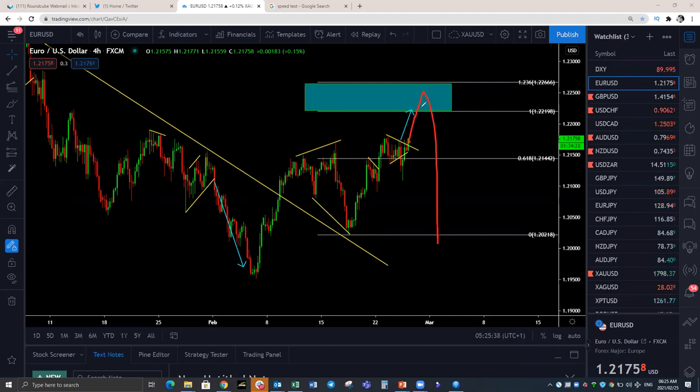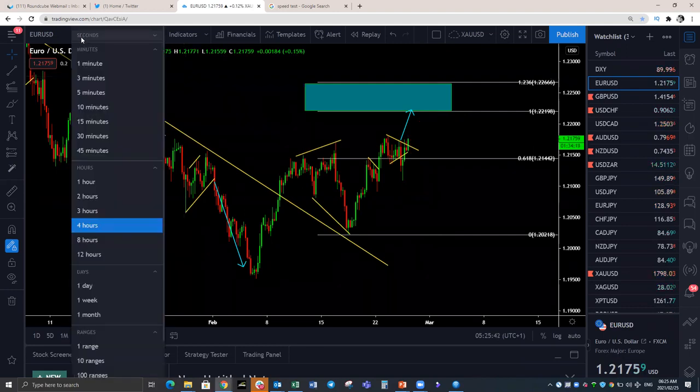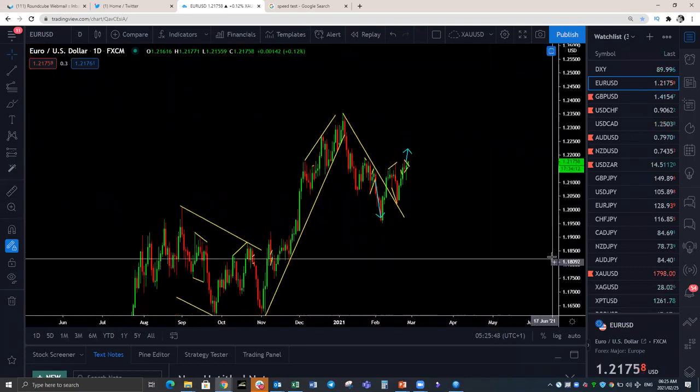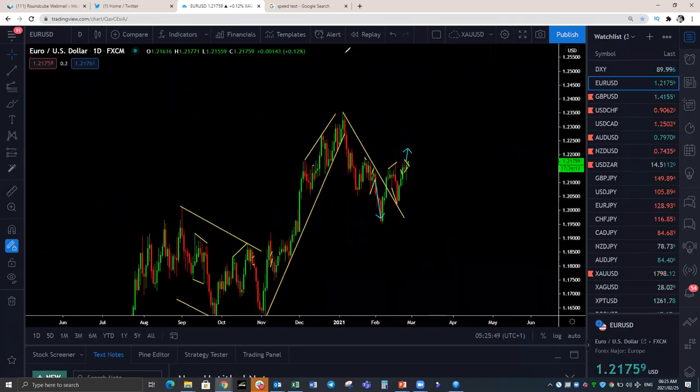And otherwise, if it's going to continue to the upside, if this is the resumption of the move to the upside, how could it be the resumption of the move to the upside? There is a possibility that this three-wave structure here has completed, and this is ready for a move to the upside. So that's why you don't want to miss upside just because you're expecting this to do this. So that may not happen. So either way, you should be in the trade if this one is going to go all the way and retest that level there on Euro US dollar.